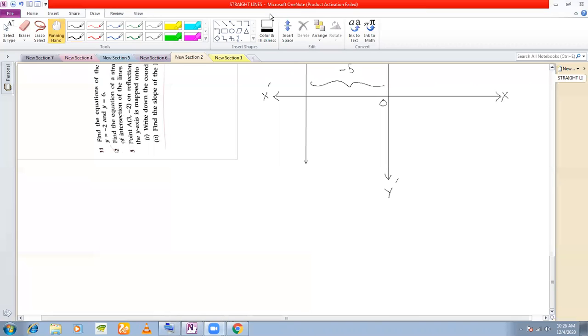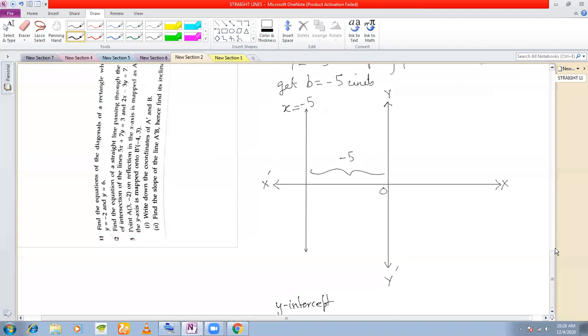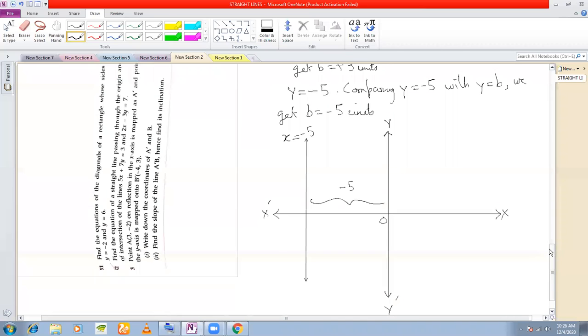Auric, can you tell me what should be the y-intercept of this straight line? Tell me both, in fact, the x and the y-intercept. So minus 5, 0. Okay, Archita, minus 5, 0 what?